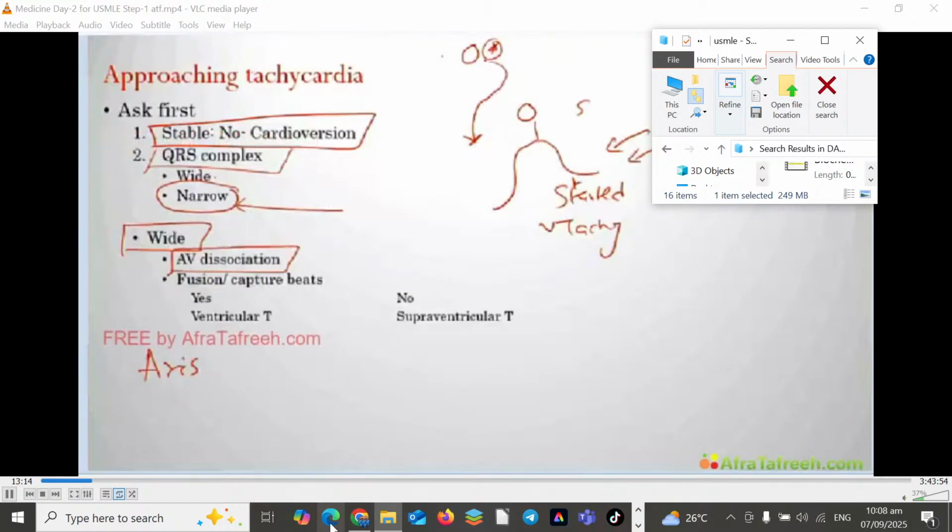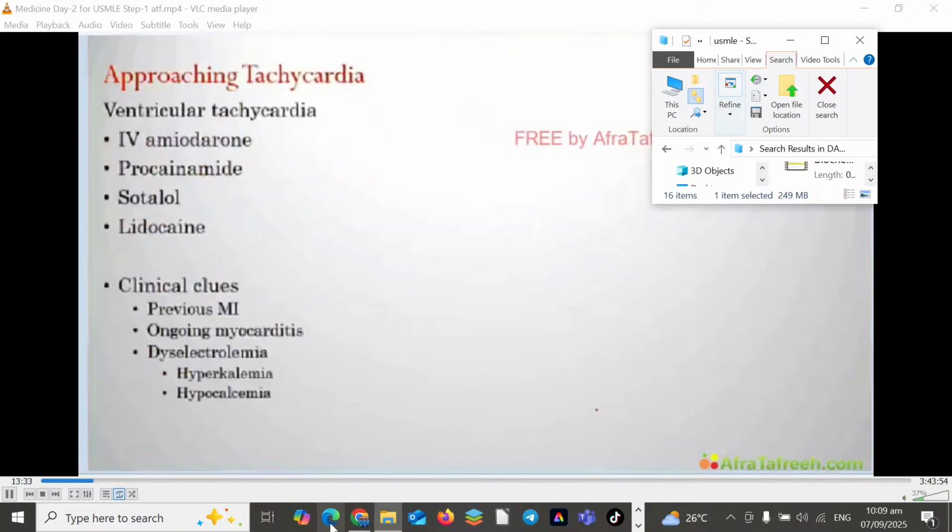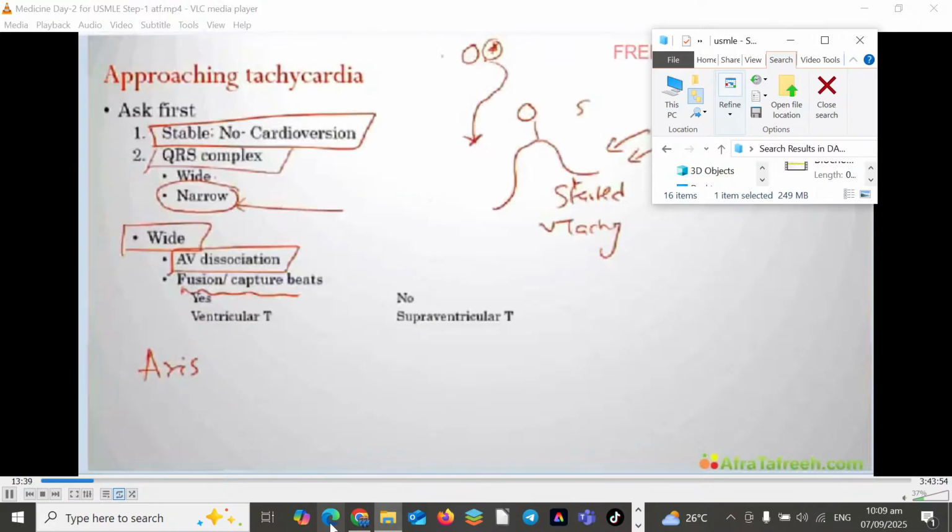What this means is the P waves are still present on the EKG, but the PQRS complexes are not related to them. More important than this is something called a fusion and a capture beat.